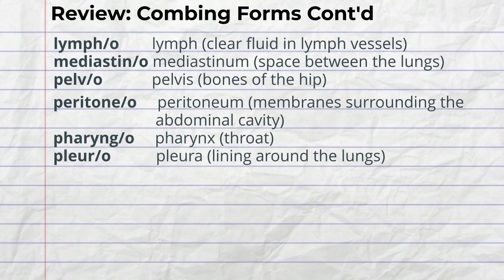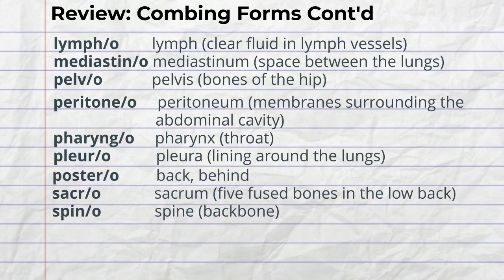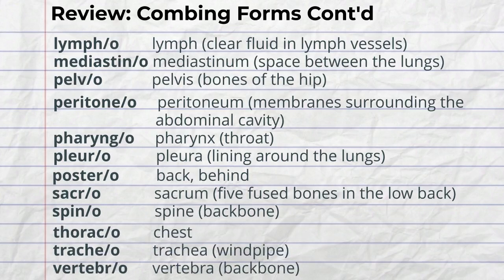Pleuro for the pleura, the lining around the lungs. Postero for the back or behind. Sacro for the sacrum, the 5 fused bones of the low back. Spino for the spine, the backbone. Thoraco for chest. Tracheo for the trachea, the windpipe. And vertebro for the vertebra, the backbone.